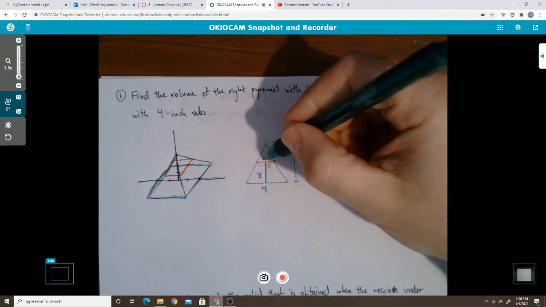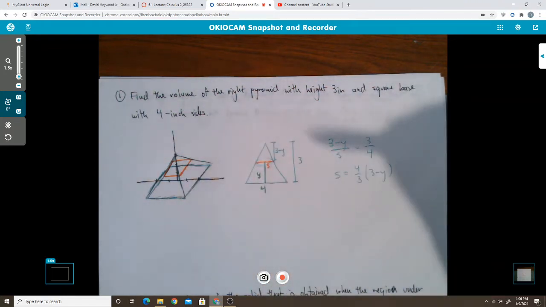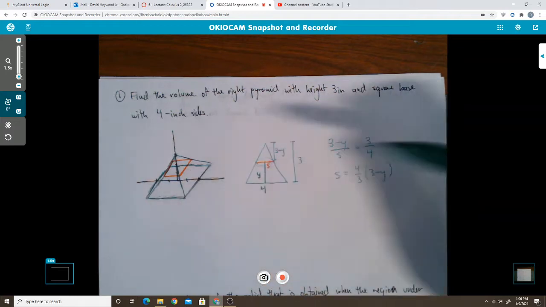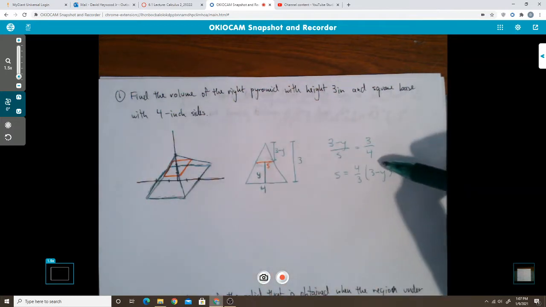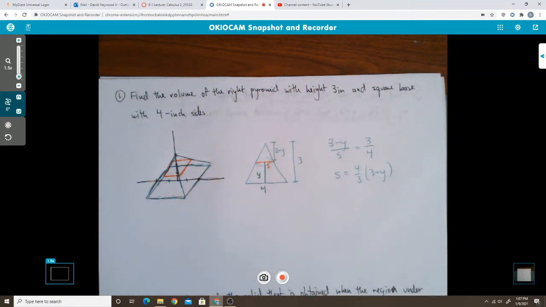So now I know that for any given cross section, the side length of the resulting square is going to be 4/3 times 3 minus y, where y is the distance from 0 up to wherever your cross section was, right?